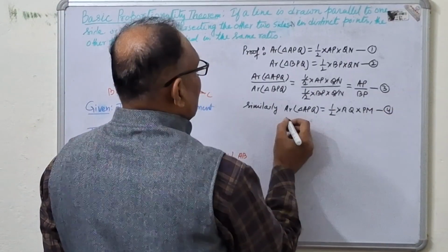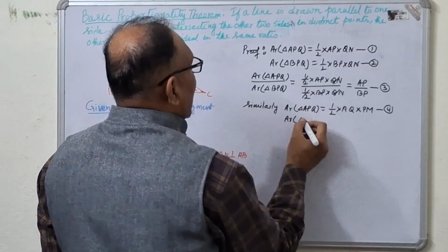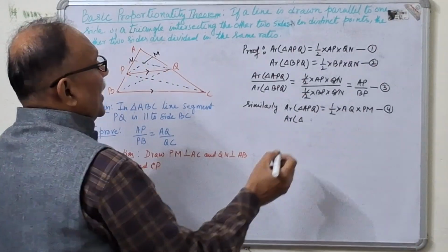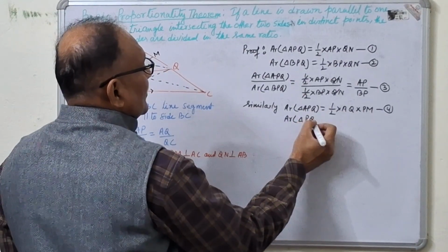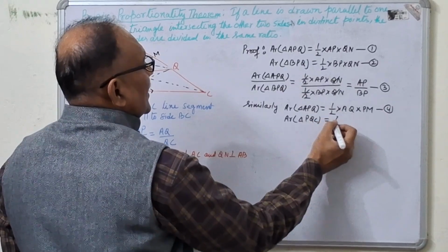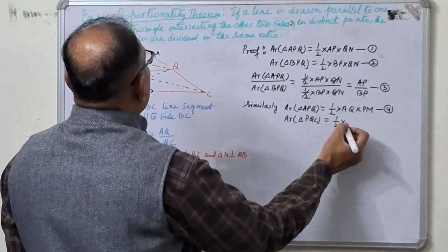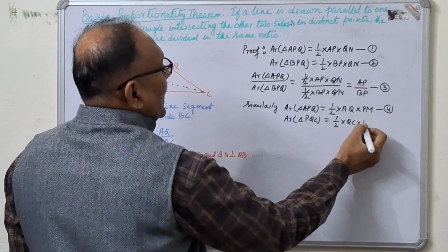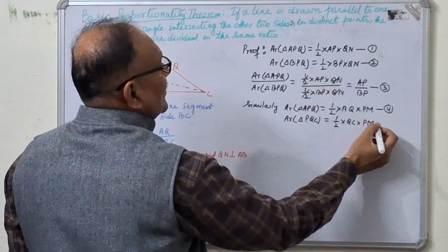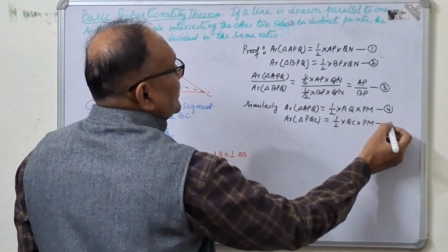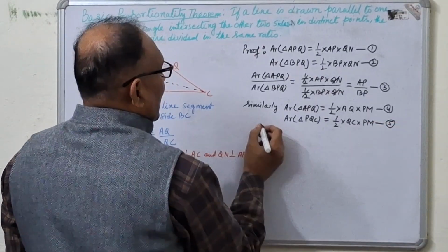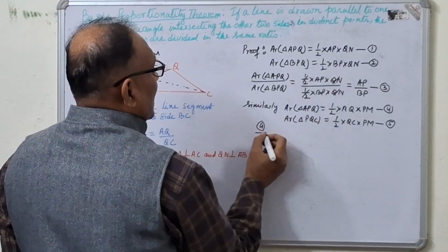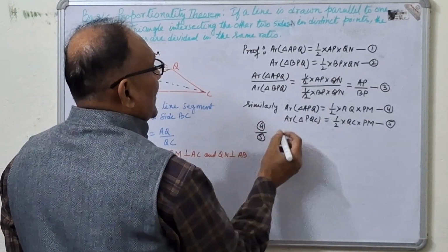Equation 4. Area of triangle PQC is equal to half into QC into PM. Equation 5. Equation 4 divided by equation 5.